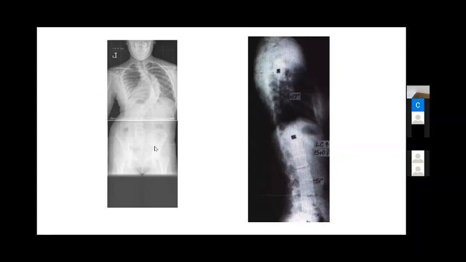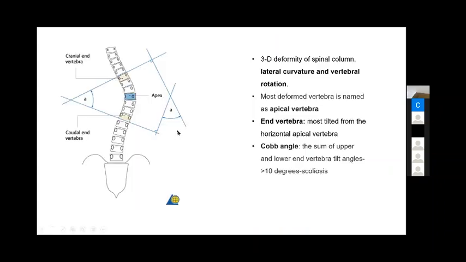Lateral to medial, sir. Okay, the other way around. What do you think this is? It's difficult to see in this X-ray, but it's either 1 or 5, so it's either fused or not. It looks fused. Like in scoliosis, it's a 3-dimensional deformity. So these are the things you need to know about.